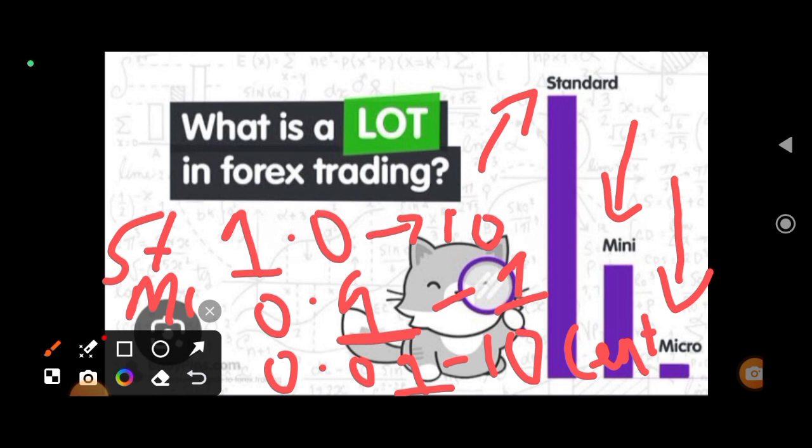I hope you guys understand. So the standard lot is the biggest, followed by the mini lots, followed by the micro lot. We also have what we call nano lot, but I don't think you guys really need that. Some brokers offer nano lot, but it's very, very small, right?